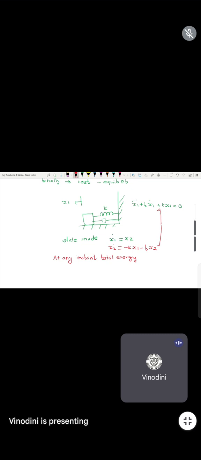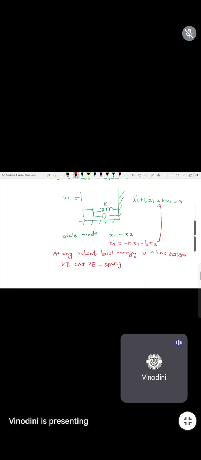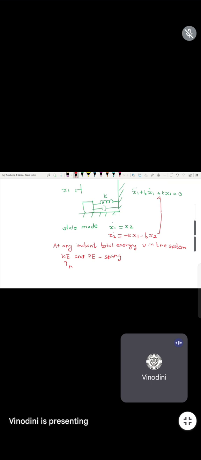So the total energy V in the system consists of the kinetic energy and the potential energy, because of the spring and because of the moving mass.